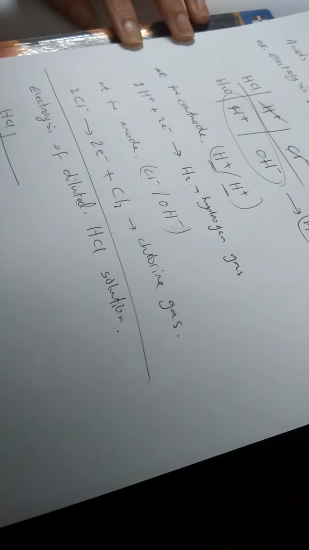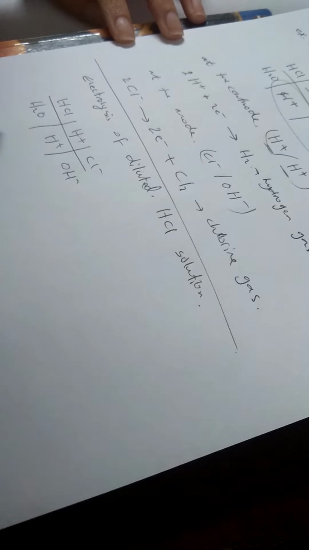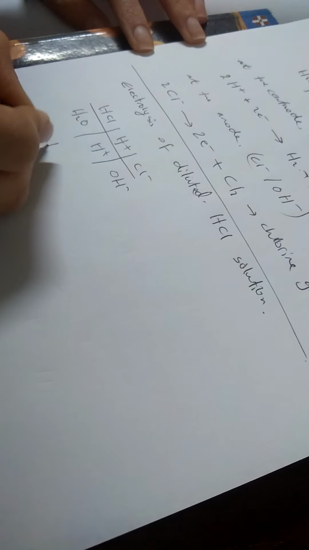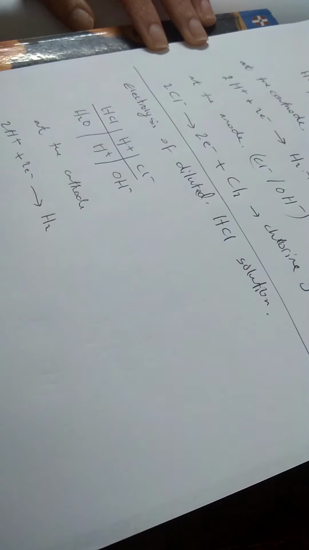Remember that I will have the same types of ions, but at the cathode, I have both H plus. As I said before, for this example, I don't have any other option for the cathode reaction, which is the hydrogen gas.